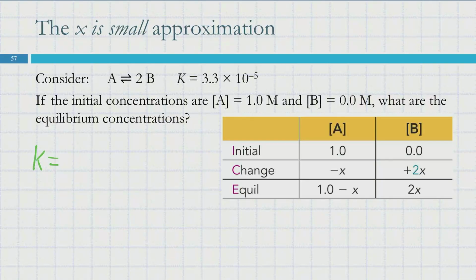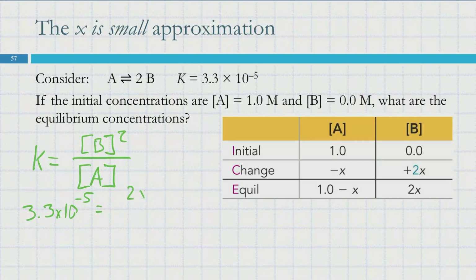We've got K equals concentration B squared over concentration of A. We've already filled out our ICE table. So K, 1.3 times 10 to the minus 5, equals 2x, and that is squared, over 1.0 minus x.